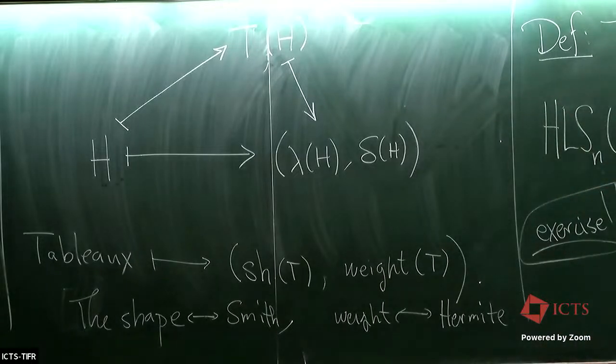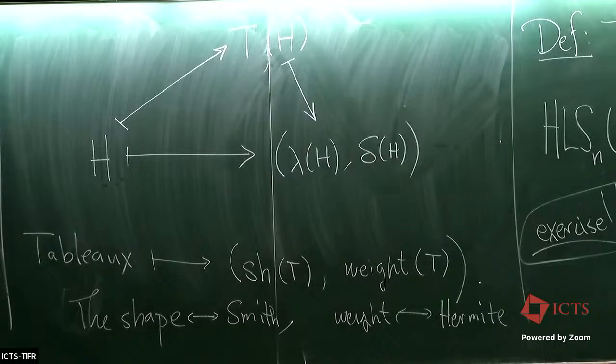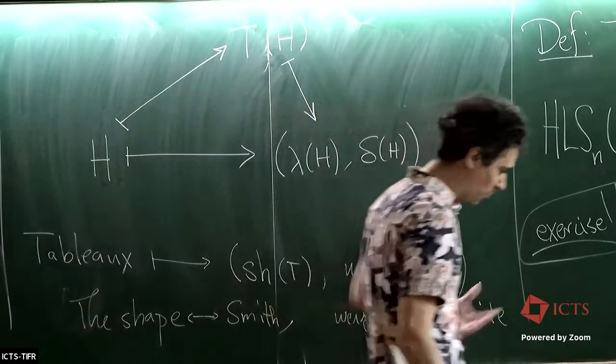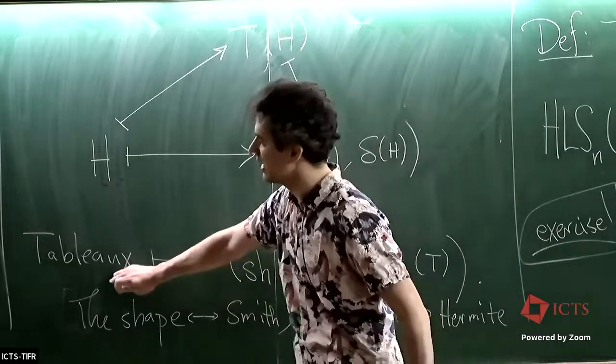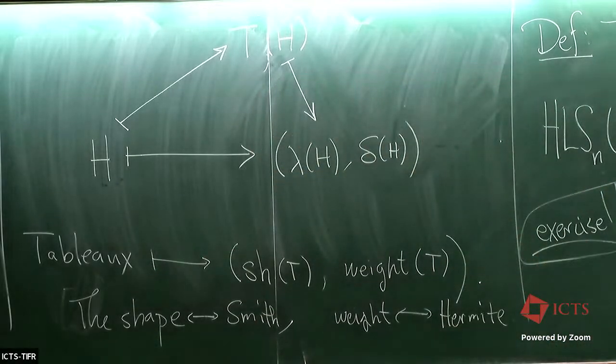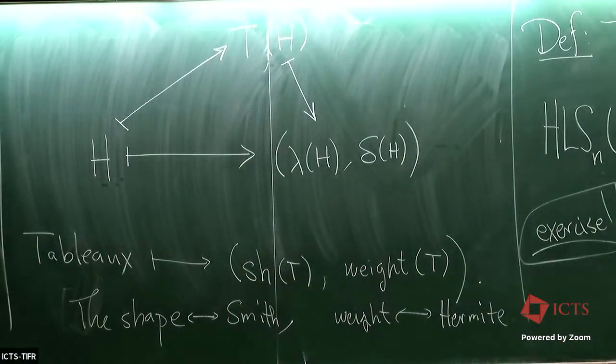Okay? That's what I mean by it's finer data. It's not a one-to-one thing. There are multiple Tableaux that have the same shape and weight vectors. So Tableaux are slightly finer for HS, but it's just the right object we need for a series that I'll talk about very soon. Not in this lecture, but after lunch.